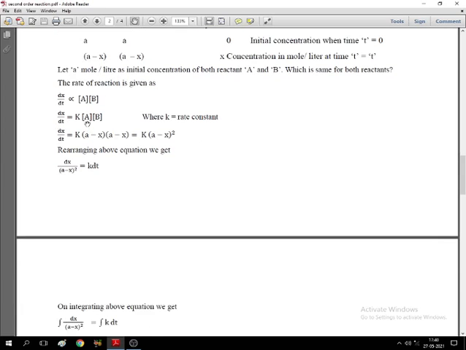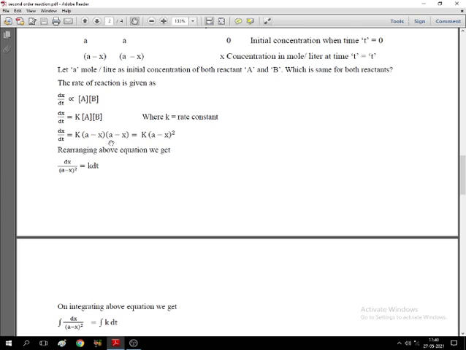Now, put the value of molar concentration of A at time T, it is A minus X. Value of molar concentration of B, it is also A minus X. Therefore, dx by dt is equal to K into (A minus X) into (A minus X), which is equal to K into (A minus X) whole square.